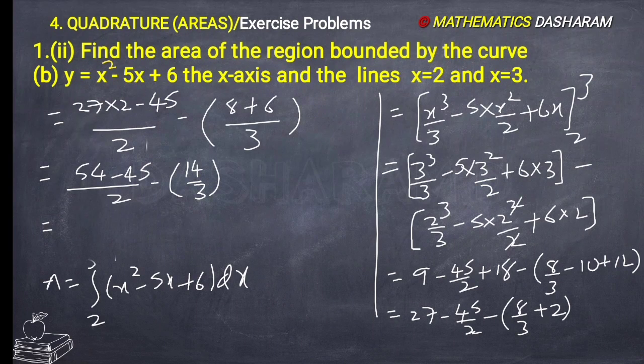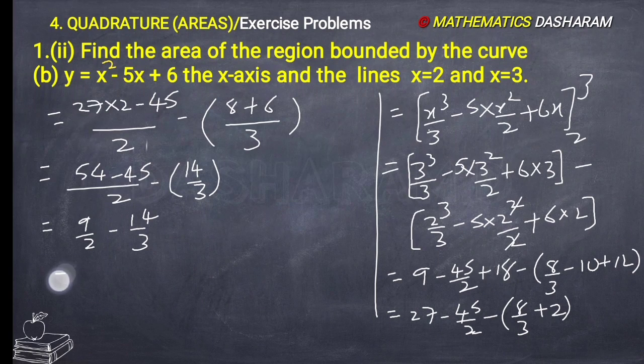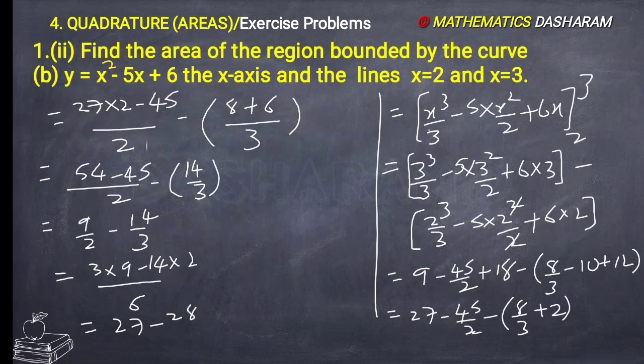So 54 minus 45, 9 by 2 minus 14 by 3. Now the LCM of 2 comma 3 is 6, so 3 into 9 minus 14 into 2, 3 9s are 27 minus 14 2s are 28 by 6, it equals minus 1 by 6.